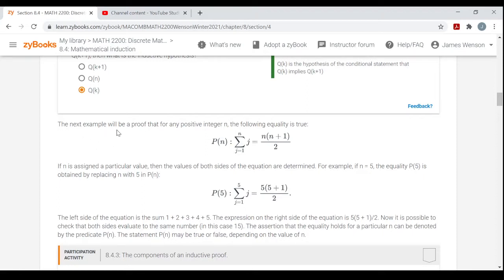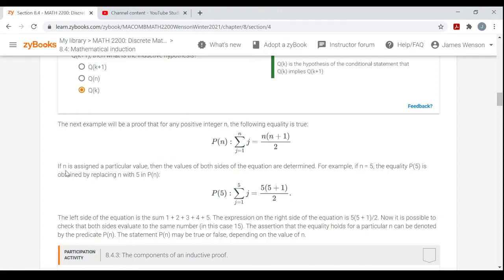So the next example will be a proof that for any positive integer n, the following equality is true. For any integer n, this statement involving n is called P of n. The sum from j equals 1 to n of j is equal to n times n plus 1 divided by 2.